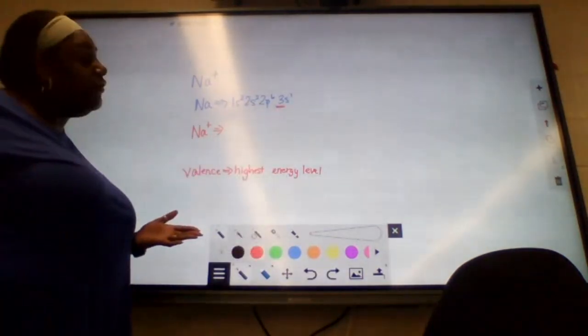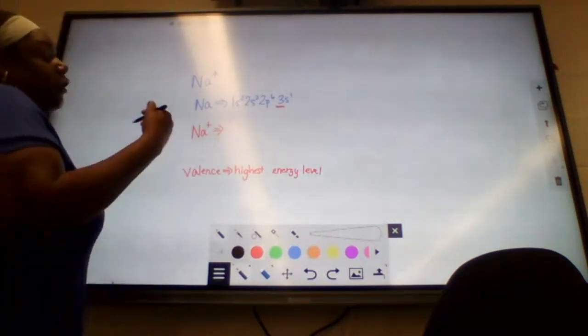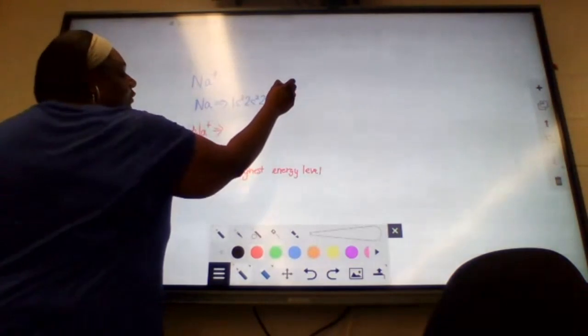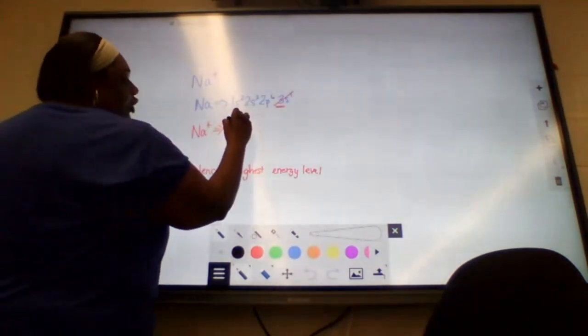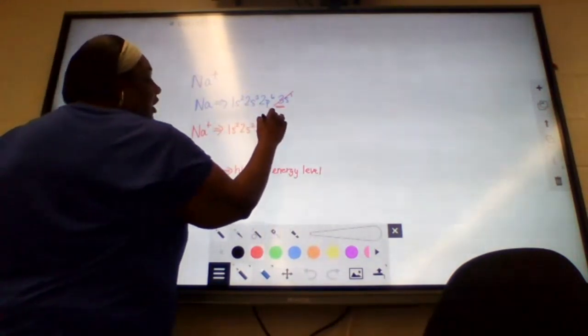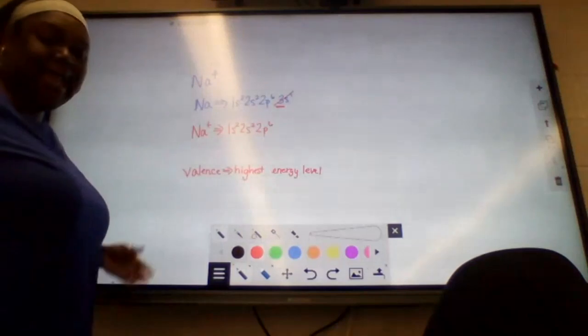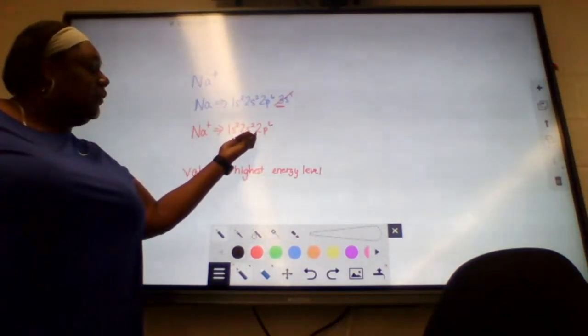Now, on the third energy level, please notice that there's only one electron there. So when I lose electrons, I have to lose them from the valence first. Now, once I lose that one electron, now I see that my highest energy level becomes energy level 2.